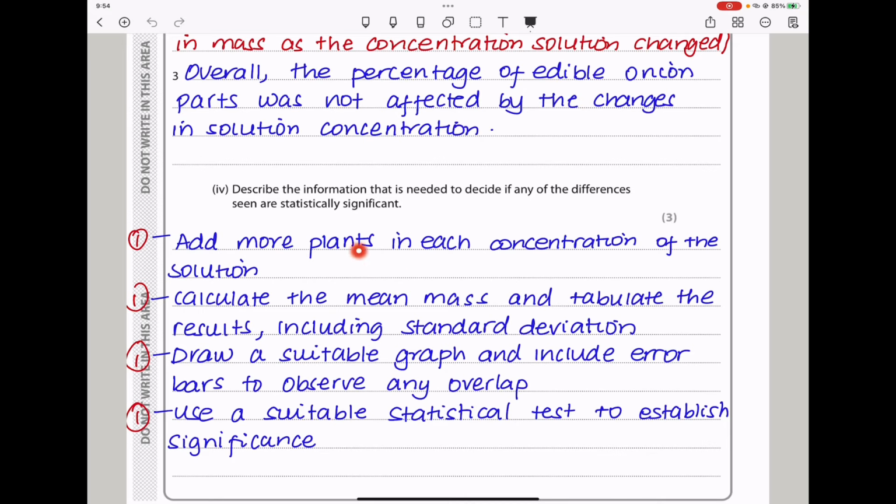So I said add more plants in each concentration of solution, and then calculate the mean mass and tabulate the results, including standard deviation. Draw a suitable graph and include error bars to observe any overlap, and then use a suitable statistical test to establish significance.